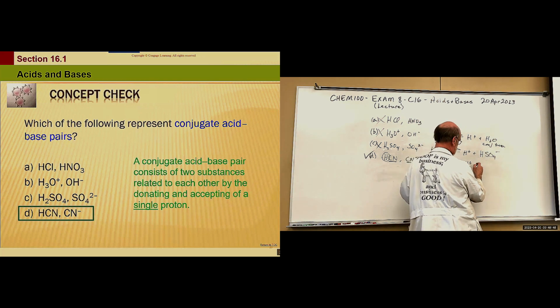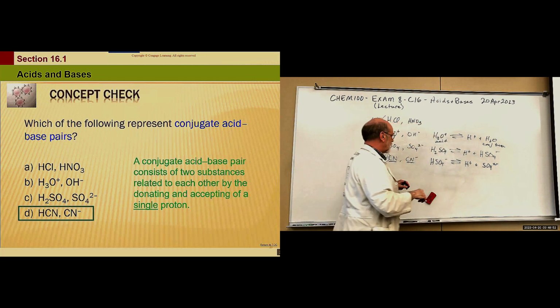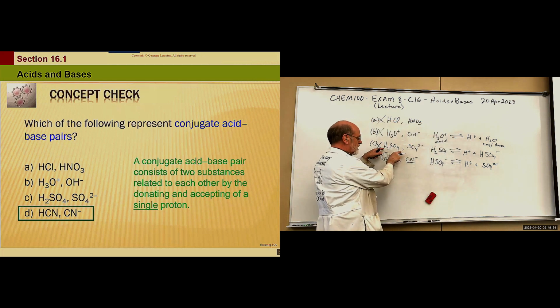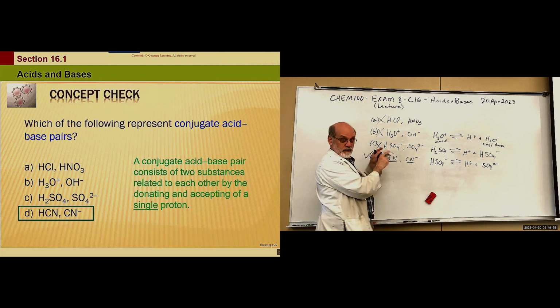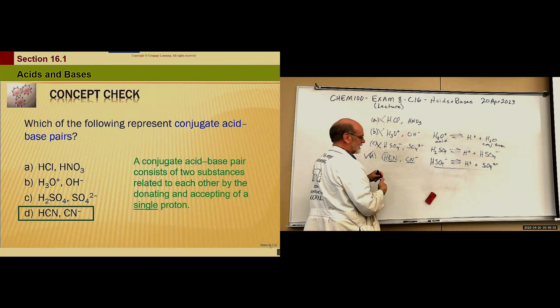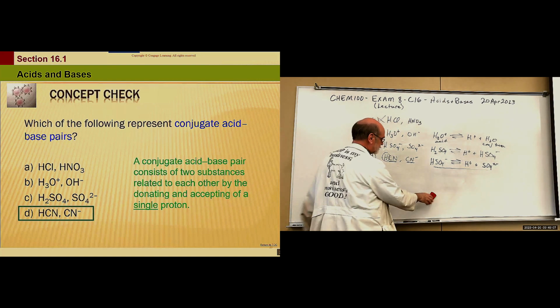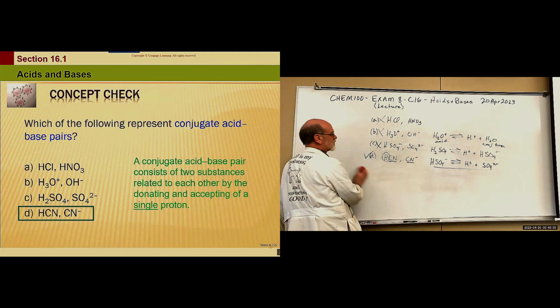And this would be SO4 2 minus. So for this one to be correct, it would have to be that and that. That would be correct based on this reaction. But as it is, D is the only correct answer for the problem as presented.